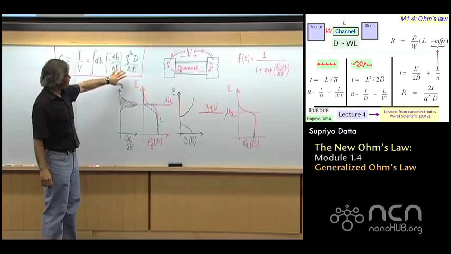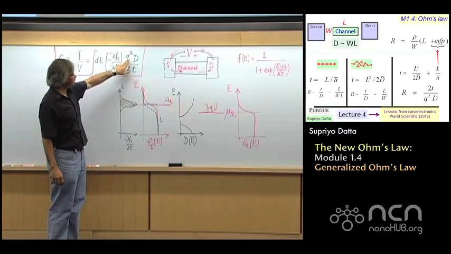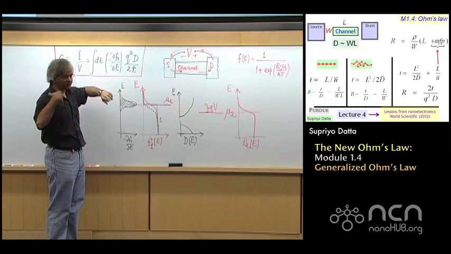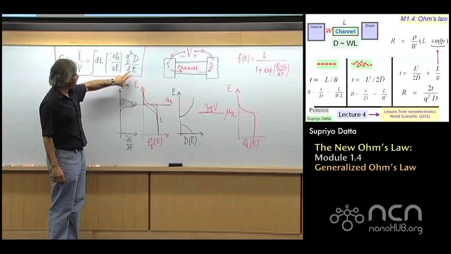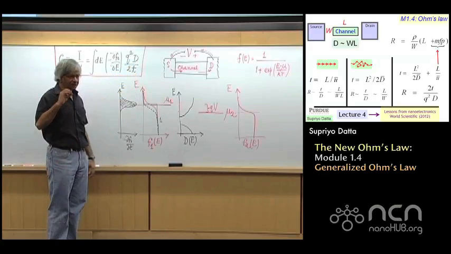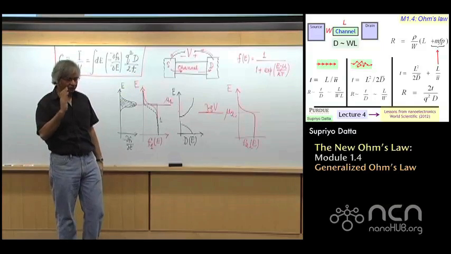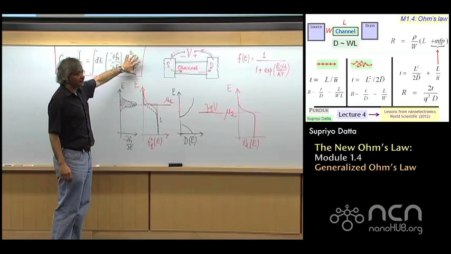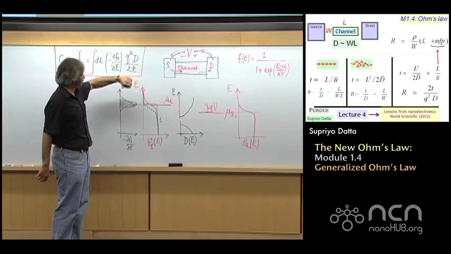At a given energy, the conductance is given by Q squared times the density of states at that energy, those are the lanes on your highway, divided by 2T. And T is the time it takes for an electron to get from left to right. So that's the conductance at a given energy.